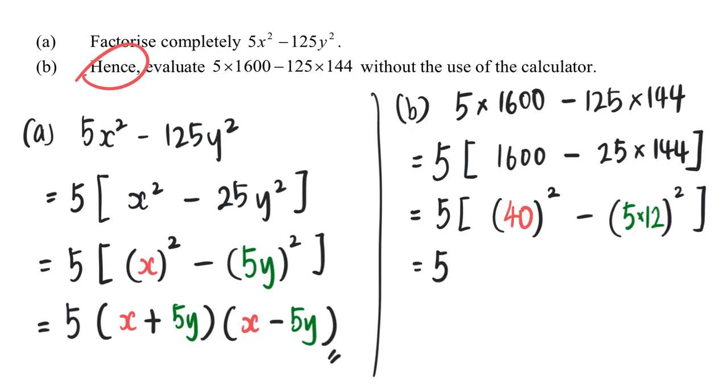And I will eventually get 40 squared minus 5 times 12, which is 60.